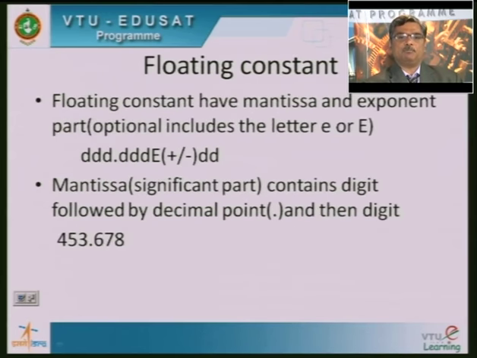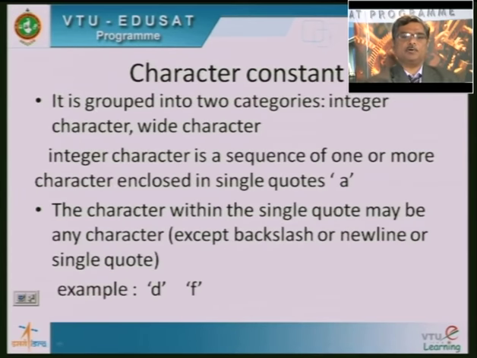Like that, if you want floating point data, then we use in the program 453.678. This is a constant value you are assigning to a variable of type float. The general format will be DDD, that is digits, dot, digits, e to the power of plus or minus dd. This is the standard. You can use the exponential part whenever it is required in your programming. So, this is how a floating constant works.